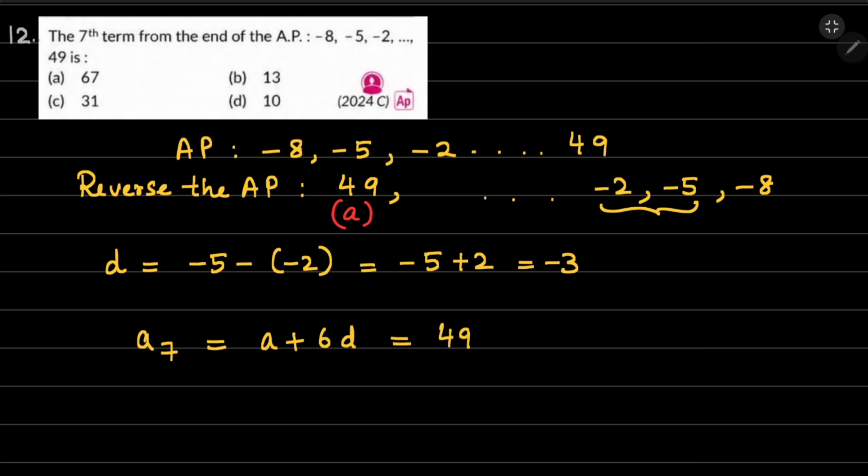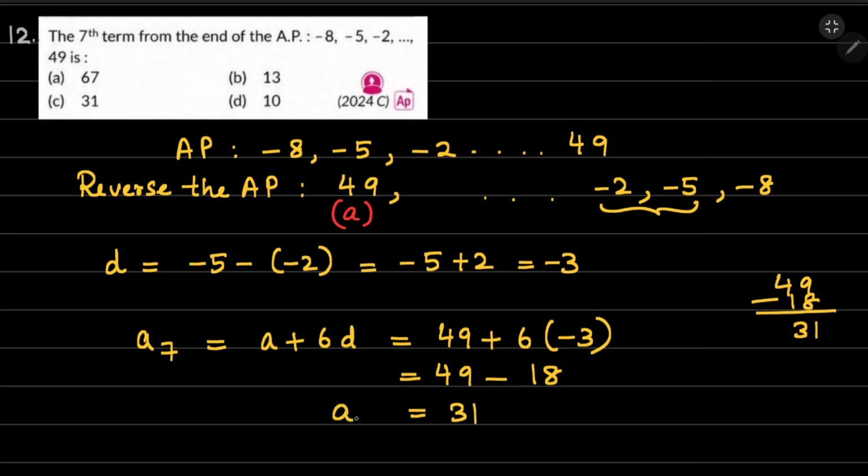A is 49 plus 6 into D, which is minus 3. So 49 minus 18. How much is it? 49 minus 18 will be your answer. That is your seventh term, 31. So the seventh term of the AP will be 31. So the answer is option number C.